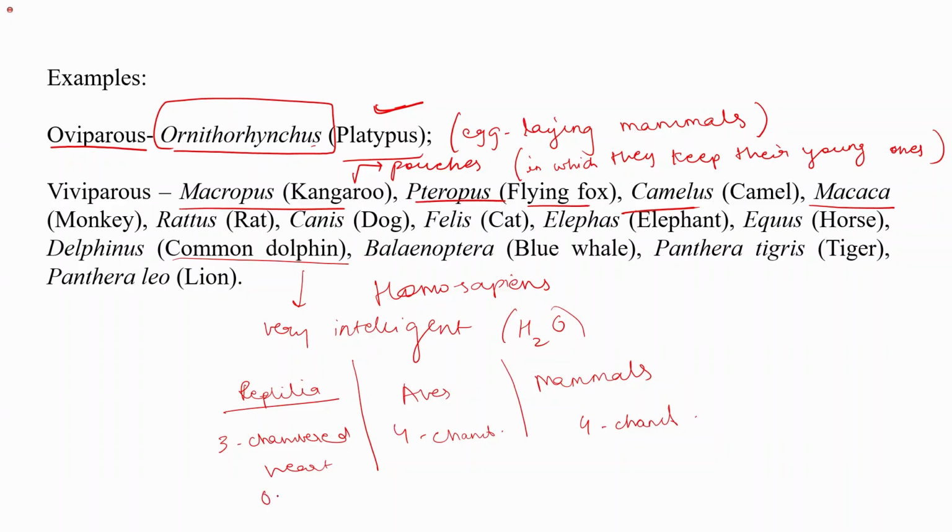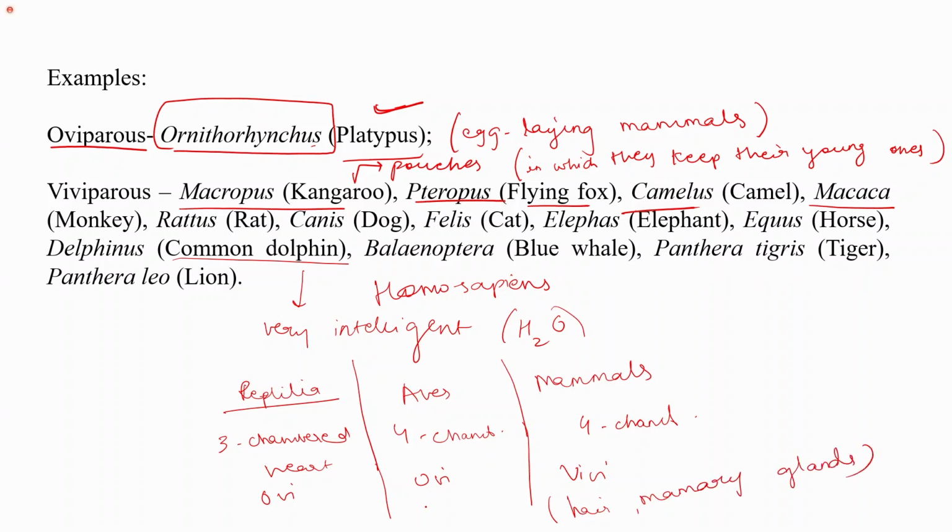Reptiles are usually oviparous. Aves are also oviparous, while mammals are mostly viviparous, right?